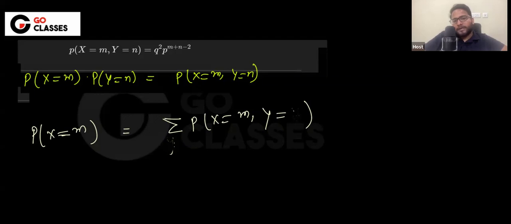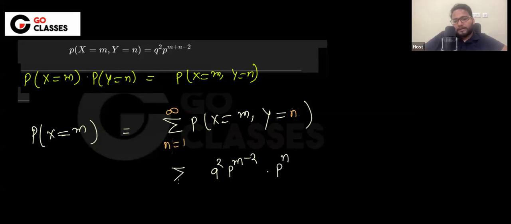So n can go from, I think, 0 or 1. Okay, from 1 to any value, which means n is from 1 to infinity, all the possible values of n. Which means you need to actually sum this. So I think q square p power m minus 2 into p power n.